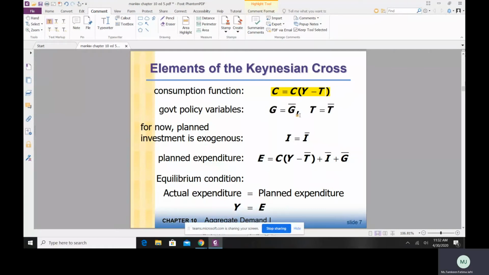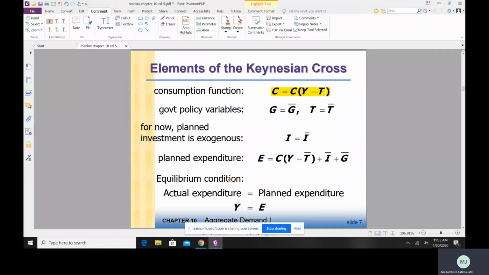Now, G is the government spending, and we're assuming it to be exogenous. T is tax revenue, which is again assumed to be exogenous. For the time being, we are assuming that investment is also exogenous. So we are taking investment to be fixed here. So planned expenditure, or the demand for goods and services, is equal to your consumption expenditure, your investment expenditure, and the government spending.